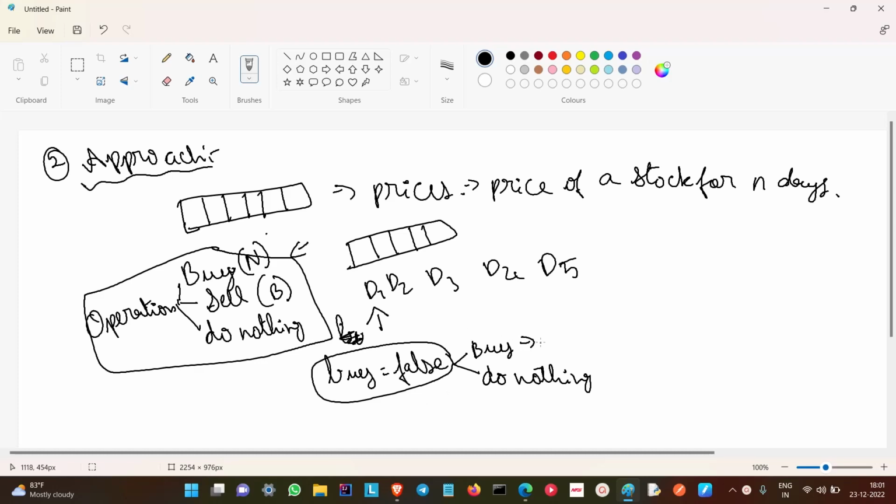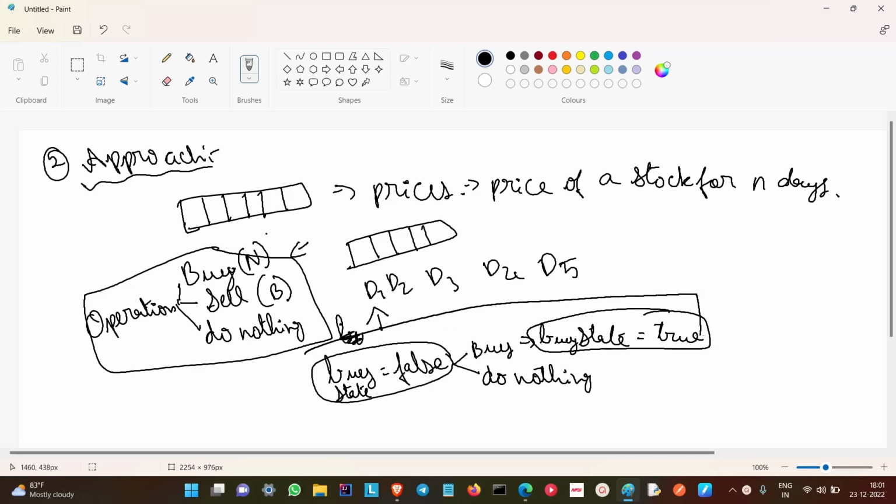Let's consider this as the buy state. The buy state will turn into true when we buy. This is the scenario for the buy state being false.